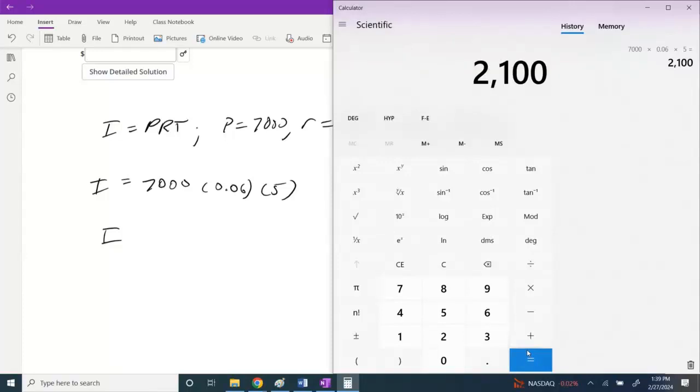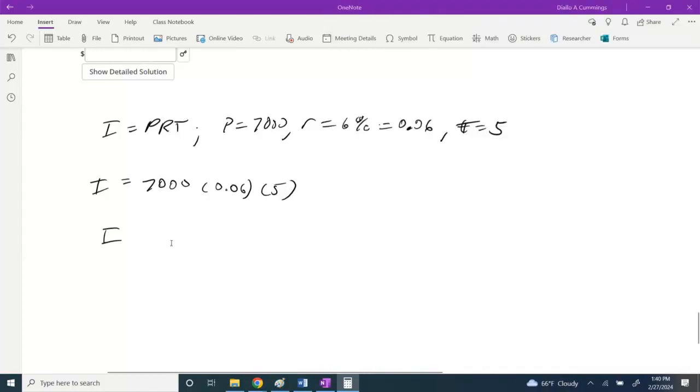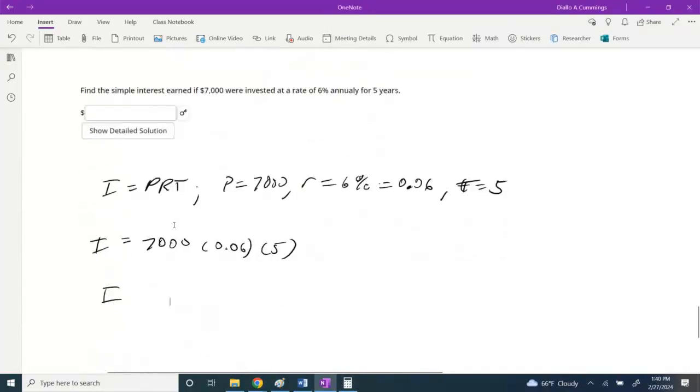But keep in mind that is only the interest that is earned.